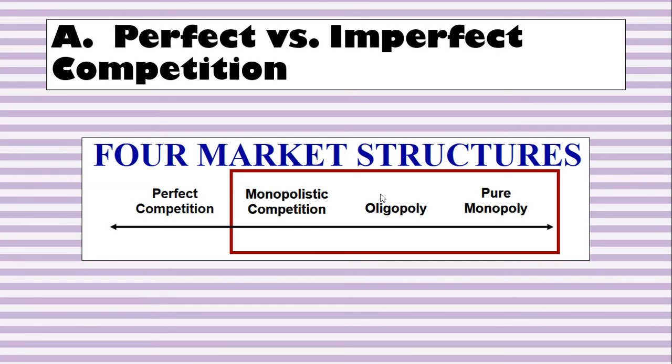We talked about perfect competition. The other three market structures, monopoly, oligopoly, and monopolistic competition, can also be grouped together as imperfect competition. So imperfect competition refers to all three of those market structures versus the perfectly competitive model that we've been talking about.